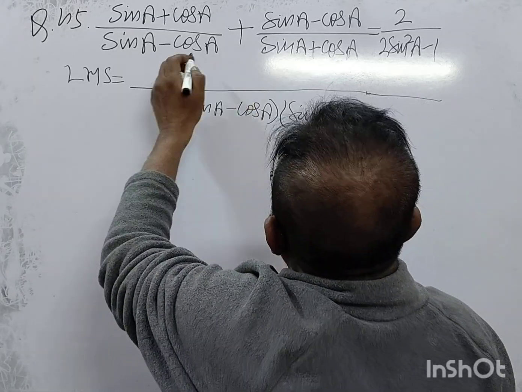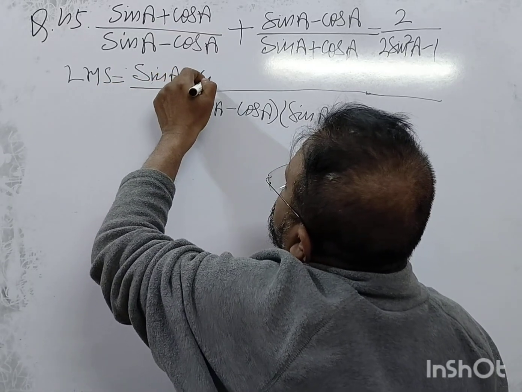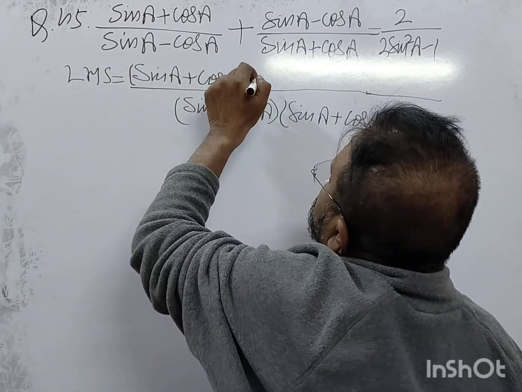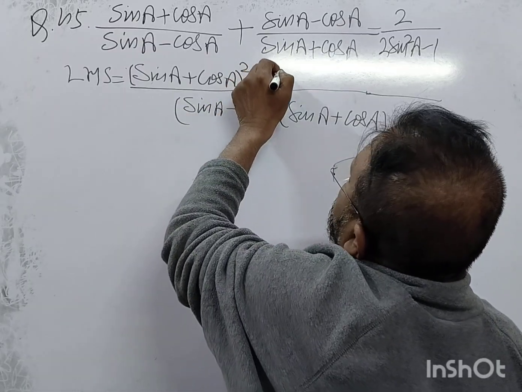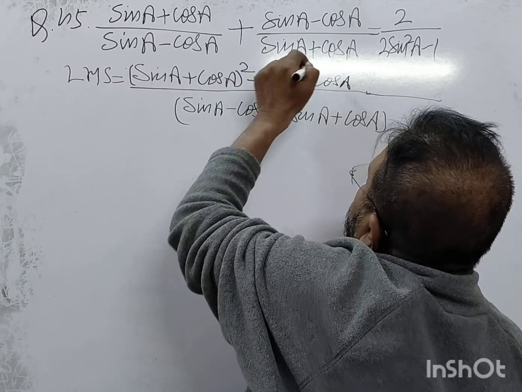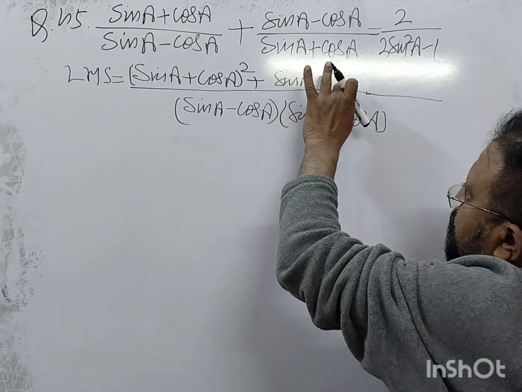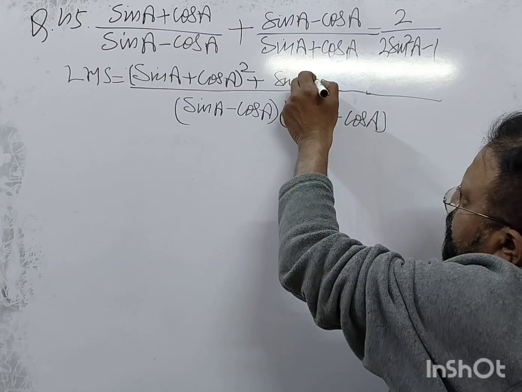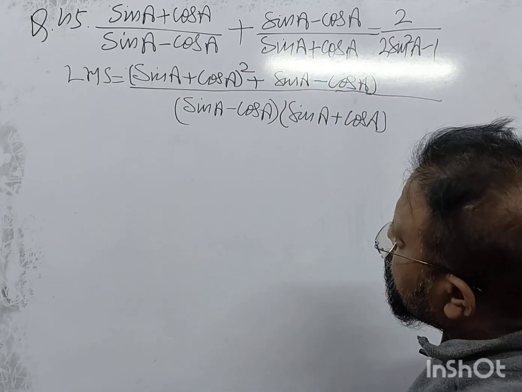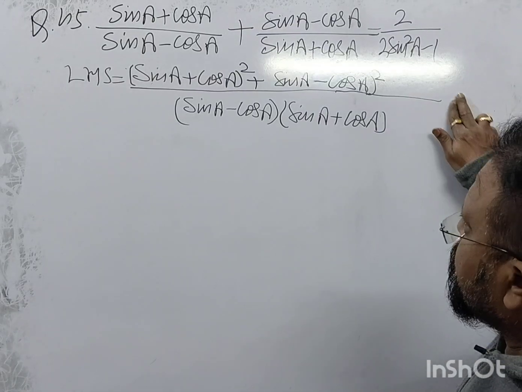So sin A cancel out, it becomes sin A plus cos A whole square plus sin A minus cos A whole square, right? They both will be multiplied whole square like this.